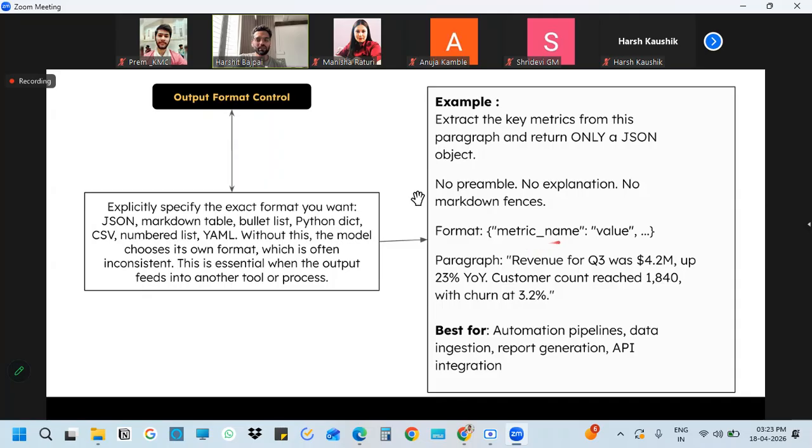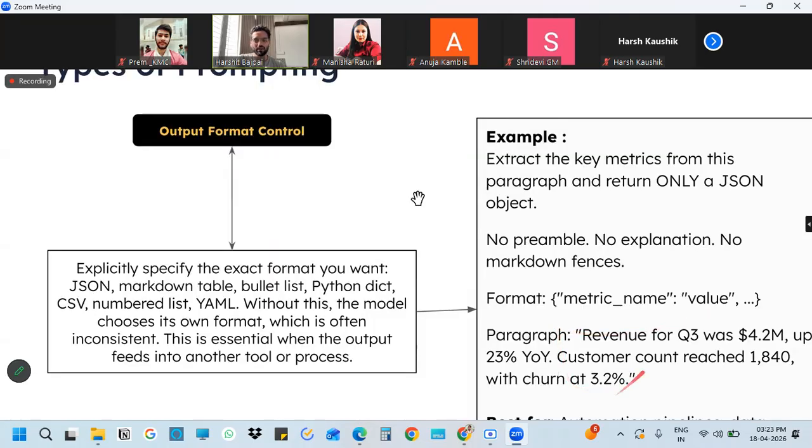The format here is metric name and value. So this is the paragraph; we'll have a metric, let's say revenue, and the value $4.2 million. We try to do this for question 1, question 2, question 3, and so on and so forth. It is best for automation, data ingestion, report generation, and API integration.